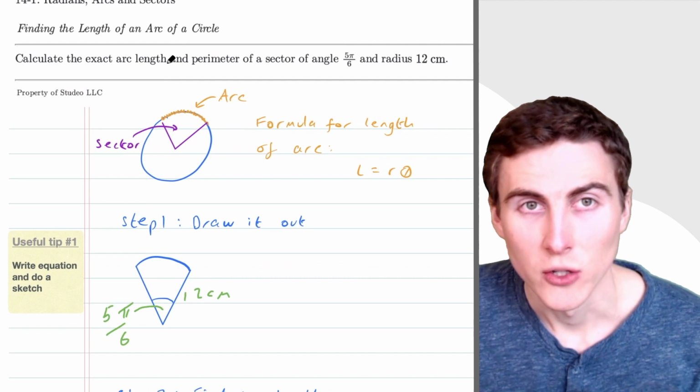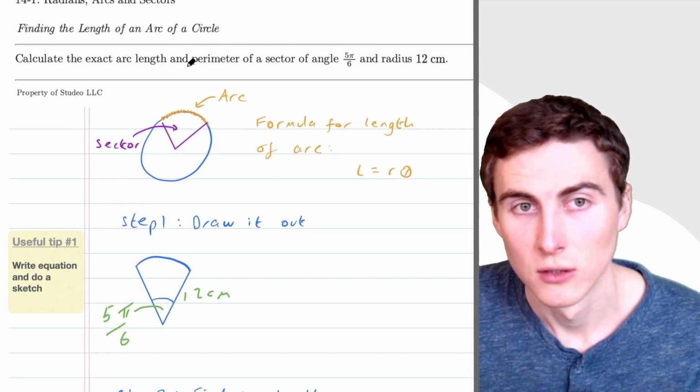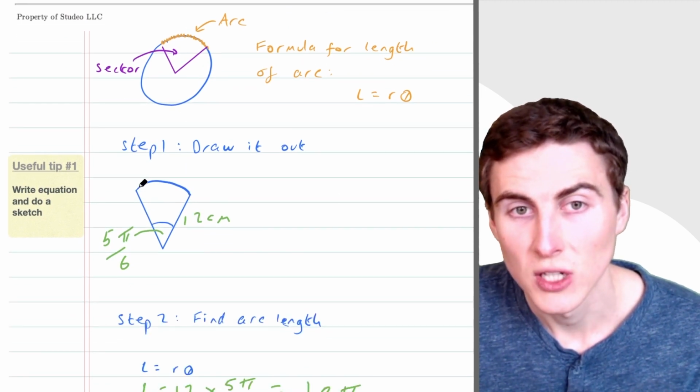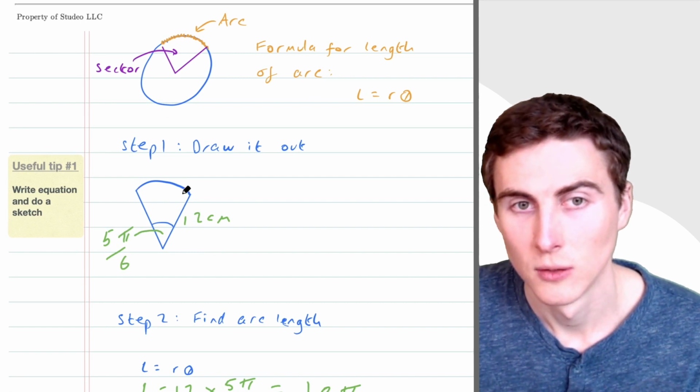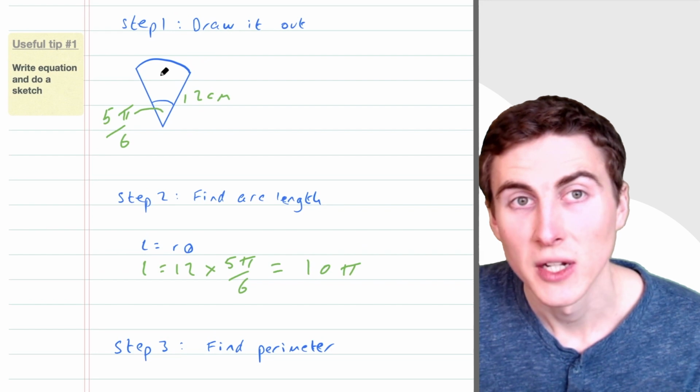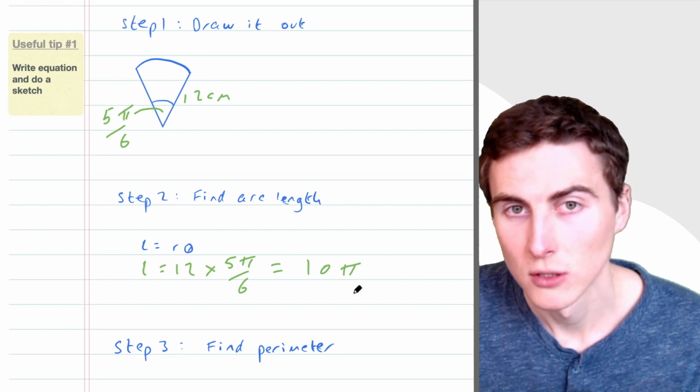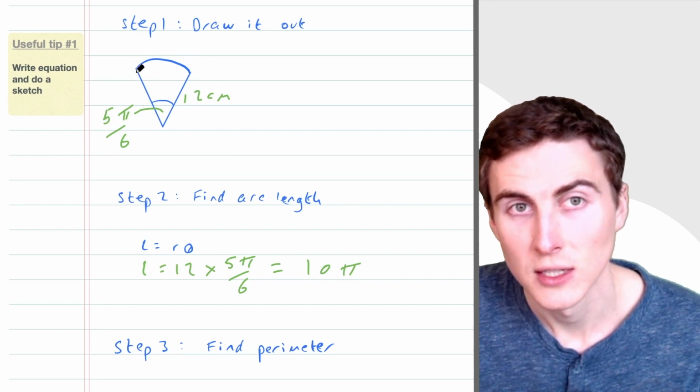Then the next part of the question, if you remember, was find the perimeter. So we now want not just this arc length, but the entire perimeter. So for that, I'm going to need this arc length that we just found, but I'm also going to need these two radii.